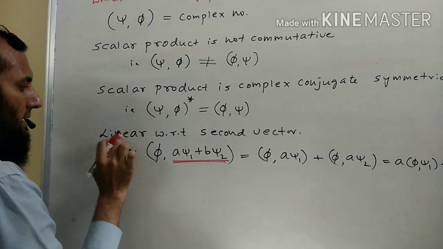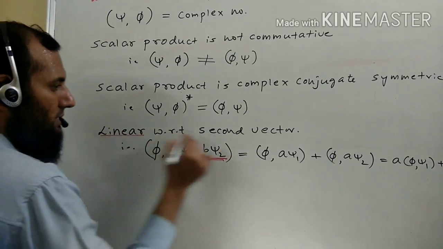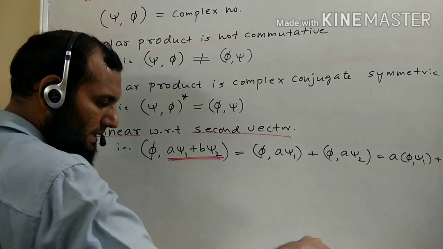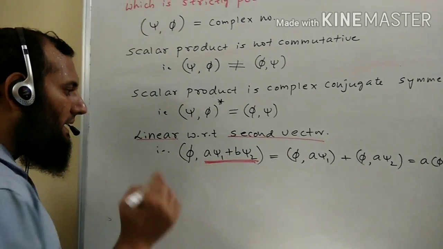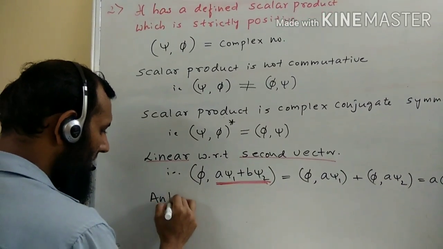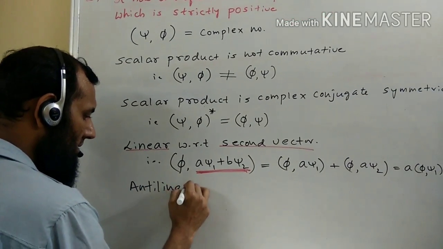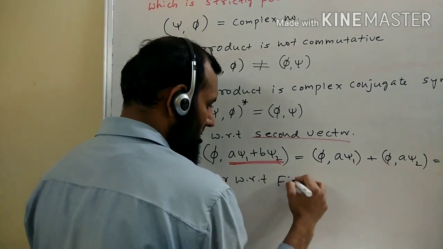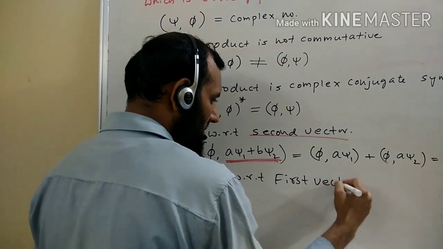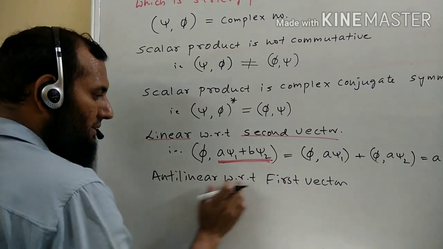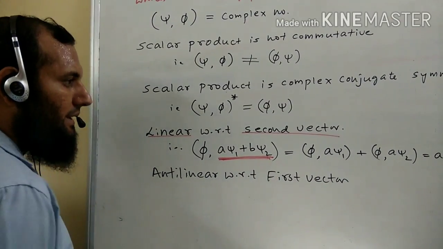So the scalar product is linear with respect to the second vector, but it is anti-linear with respect to the first vector. Let us see the meaning of this one.